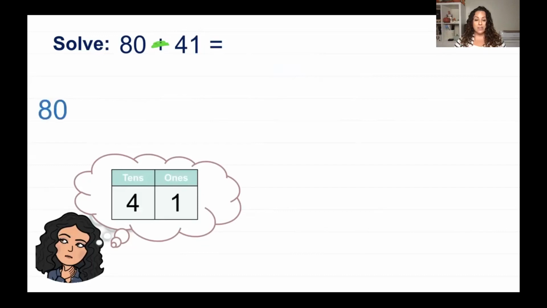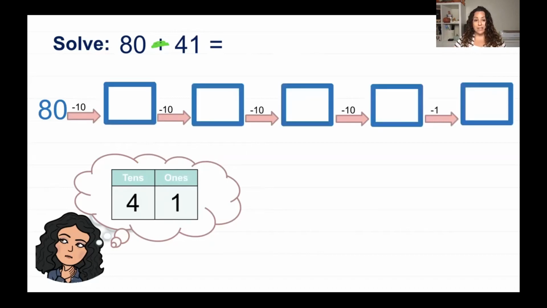So I'm going to start at 80, and now I'm going to take away how many tens? 4 tens. So 10, 20, 30, 40, and then I have to take away 1 one. So there we go. So let's go ahead and see what our arrow way looks like.